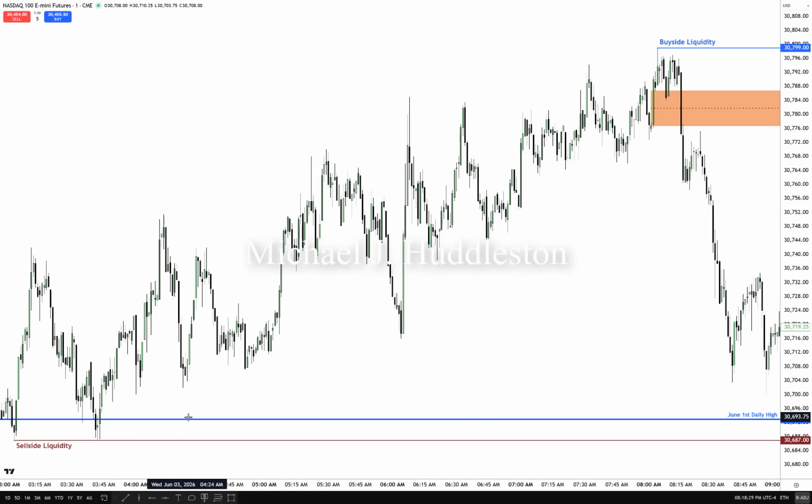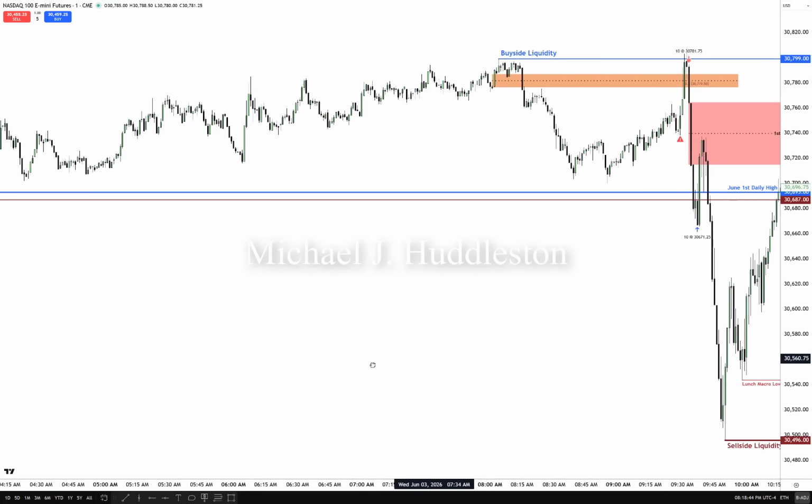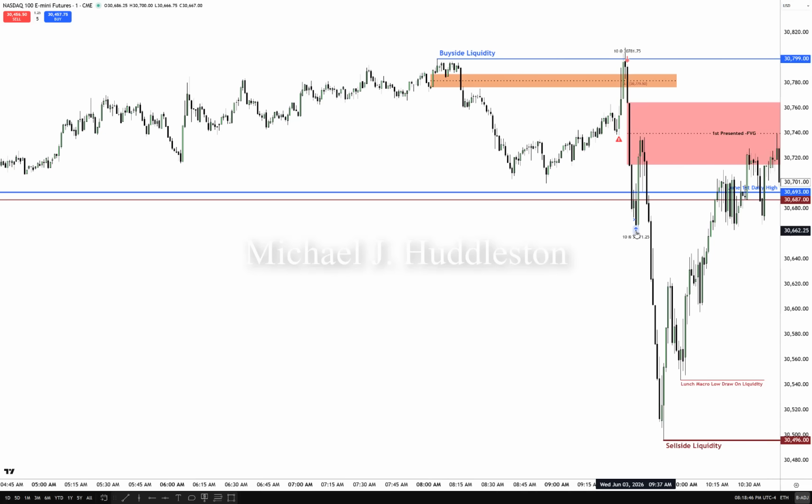This blue line is June 1st, Monday's daily high. And I took you into that little video that I was recording. I didn't have time to do very much this morning, so I just wanted to show you that that exit was, in fact, what I was looking for. And then you watched it get filled there.